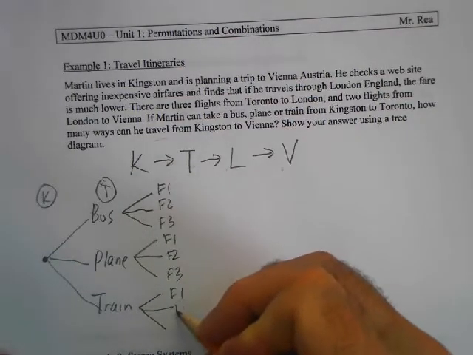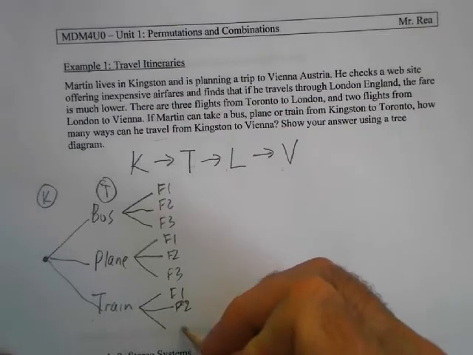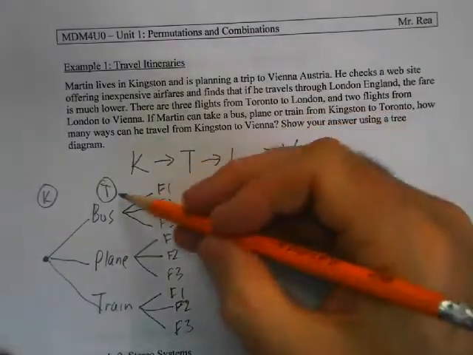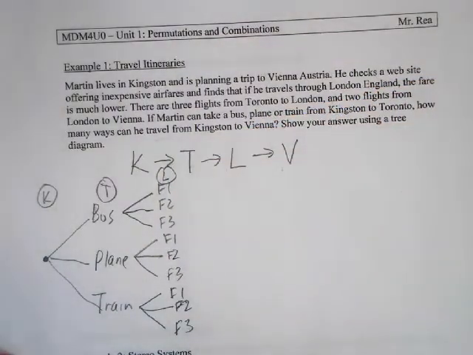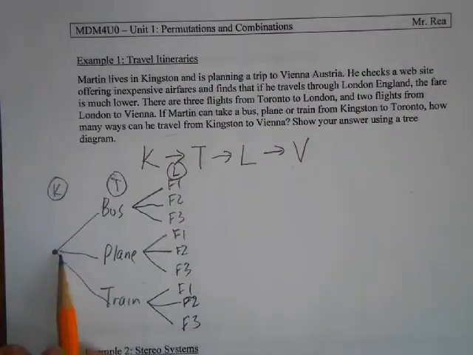Okay, so that takes him to London. You can see this gets a little messy. He started in Kingston, took one of these 3 methods to get to Toronto, and in Toronto, he had 3 flight choices to get to London.